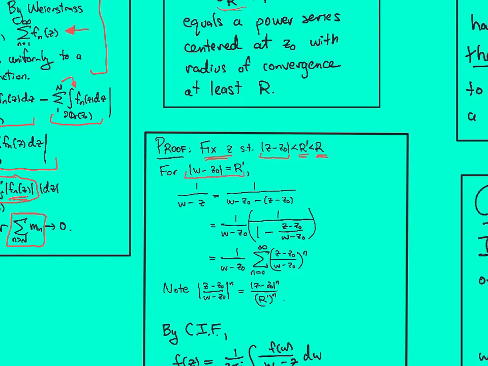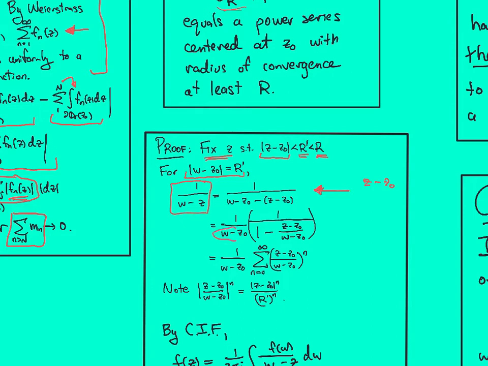So for a point w on the circle of radius r' centered at z0, I'm going to write the kernel that we use in the Cauchy integral formula as a power series centered at z0. So you just do some rearranging to get things in terms of z - z0, and we've done something similar when we proved that 1/z is analytic. It's basically the same idea.